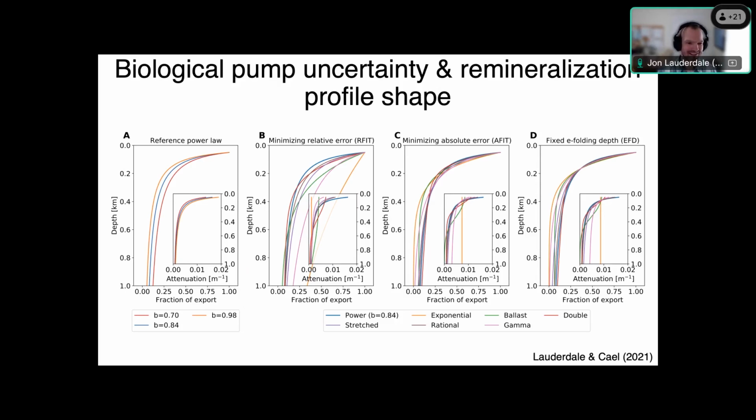What we were doing in this model was to look at how much of the uncertainty in the biological pump is associated with the uncertainty in that value of b. There were a couple of studies that looked at particle distributions throughout the ocean, and came up with a range of b values between 0.7 and 0.98, as one standard deviation each side of a mean.